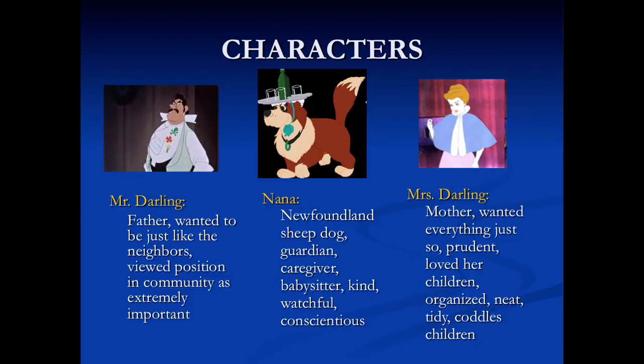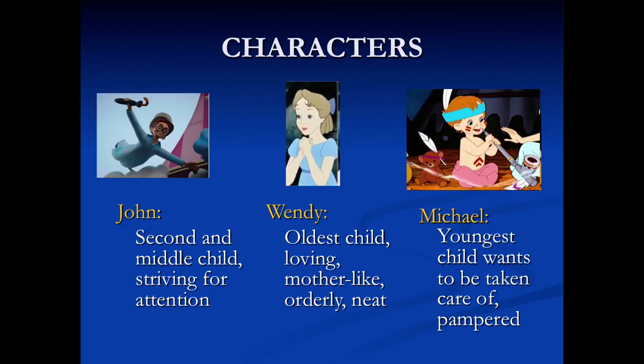And then you have Nana, and these are kind of the adults in the story. Nana is basically the Nana. She's the dog. She's a Newfoundland sheepdog. She's their guardian, their caregiver, almost, their babysitter. And she's very kind and watchful and conscientious. And then you have the Darling children. You have John. He's the second oldest. He's the middle child.